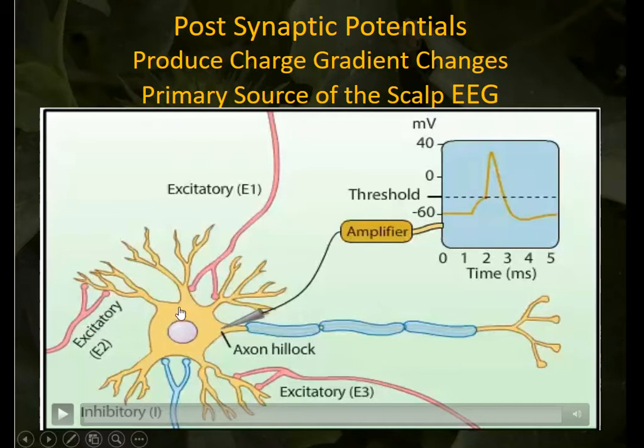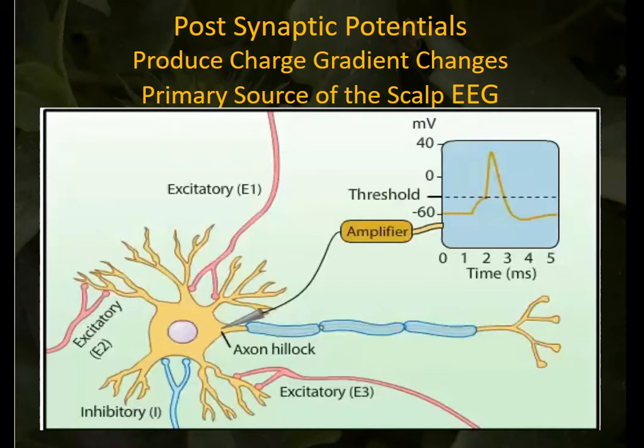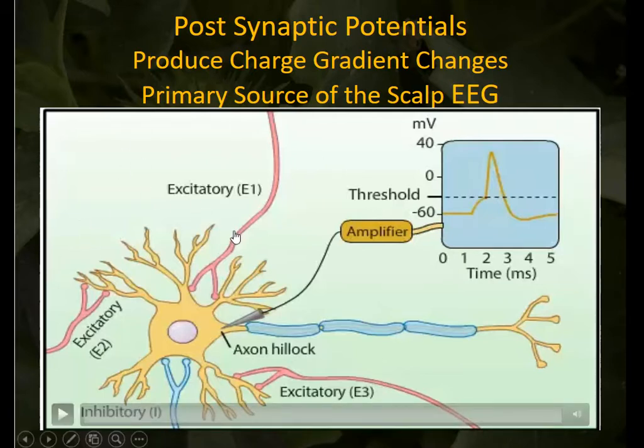So again, each of these postsynaptic potentials are actually postsynaptic changes in the electrical gradient or the electrical potential of the cell, and that increases or decreases the charge gradient in the environment surrounding the cell, and that's what we're reading on the scalp surface.